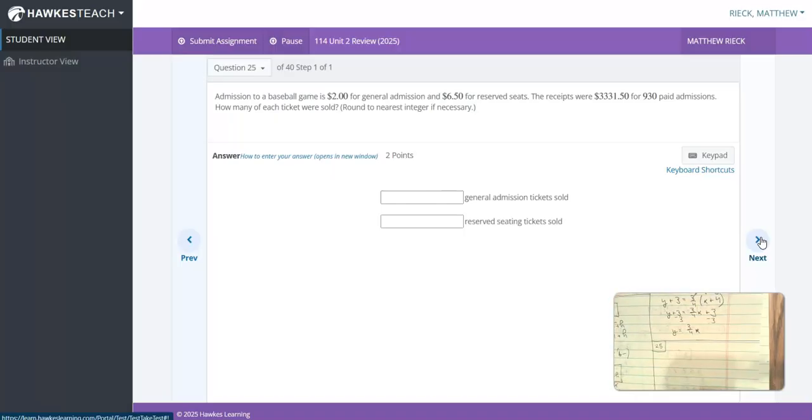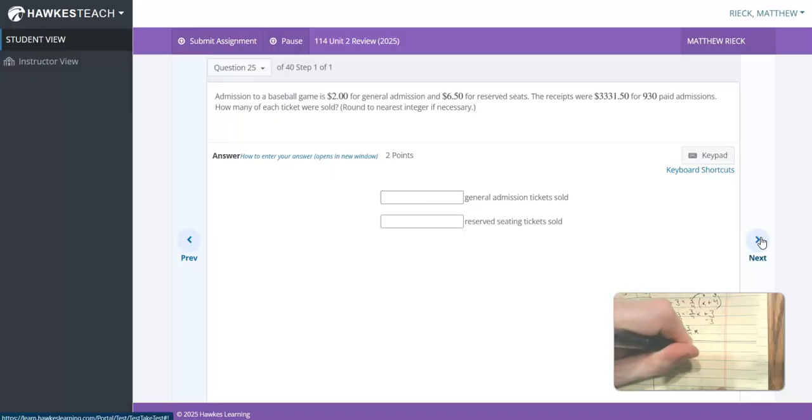So next one here, again, we have a system of equations. In this case, we have a scenario where admission for a baseball game is $2 for general admission and $6.50 for reserved seats. The receipts were $3,331.50 for 930 paid admissions.